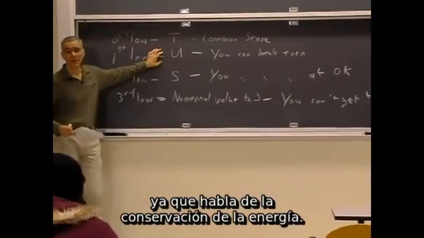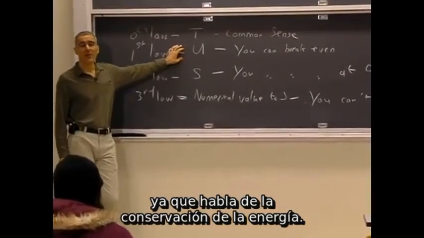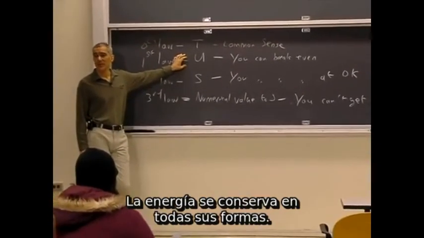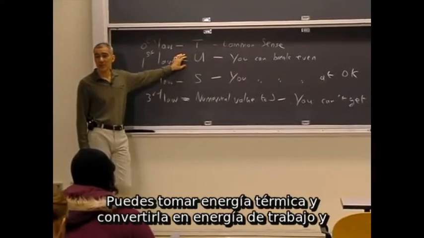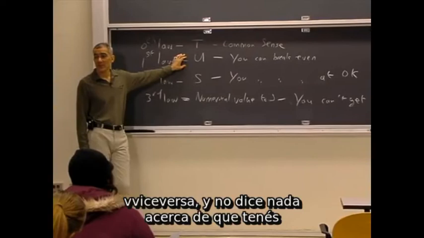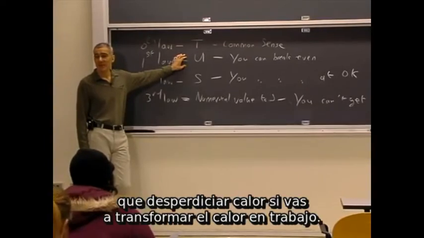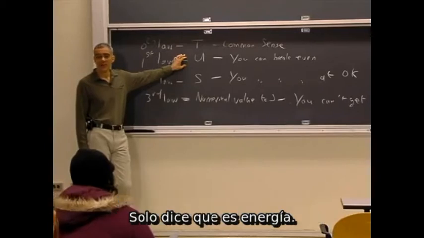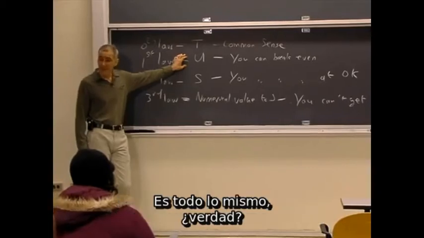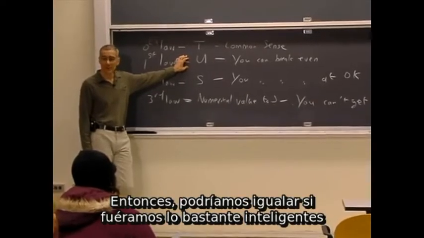It talks about the conservation of energy. Energy is conserved in all of its forms. You can take heat energy and convert it to work energy and vice versa. And it doesn't say anything about having to waste heat if you're going to transform heat into work. It just says it's energy. It's all the same thing, right? So you could break even if you were very clever about it.